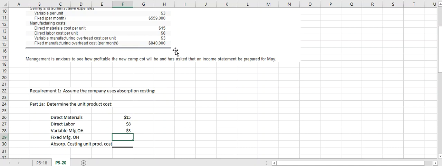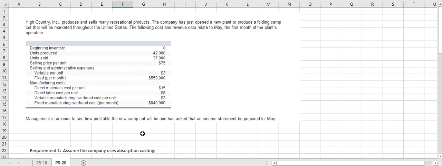So we need to figure out, well, how much was it per each unit? So we're going to actually have to calculate something up here. So we had 42,000 units produced, and each of those units that we produced cost us in fixed manufacturing overhead. So if we take the $840,000 that we paid in fixed manufacturing overhead and divide it by, well, how many did we manufacture? 42,000.